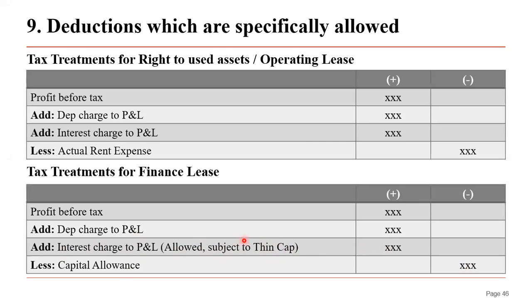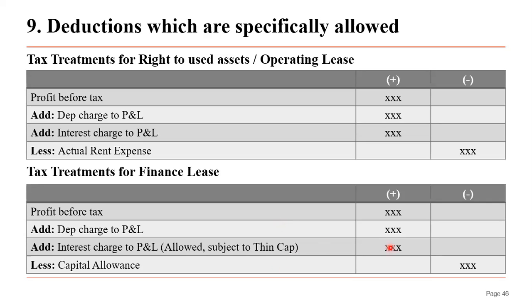Automatically, if there is interest cost on an asset purchased after 1st April 2018 under a lease term, the accountants will book the interest as finance cost. Then we need to consider the finance cost, and check whether there is a thin capitalization adjustment and whether that amount is allowed or not, right?